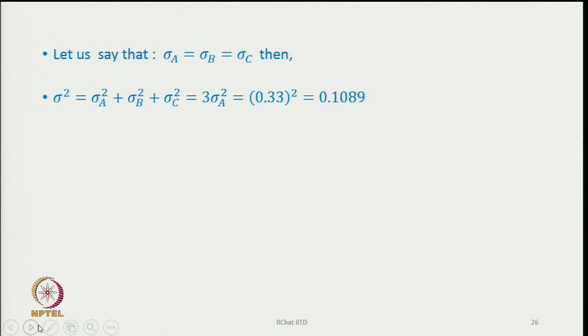So, let us assume that sigma A, sigma B, sigma C are all the same, because sigma C was coming negative in the previous case. Now, let us say that they are all the same, the variability in A, B and also C in terms of standard deviations are the same. Therefore, sigma square is going to be 3 sigma A square.